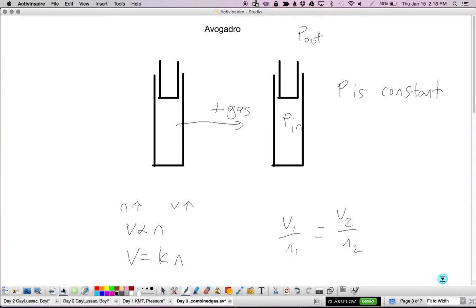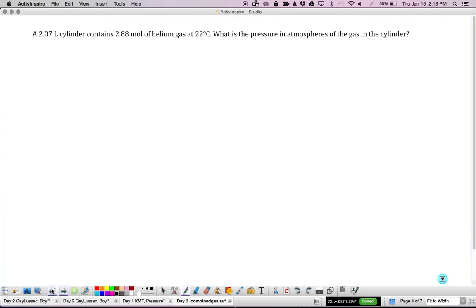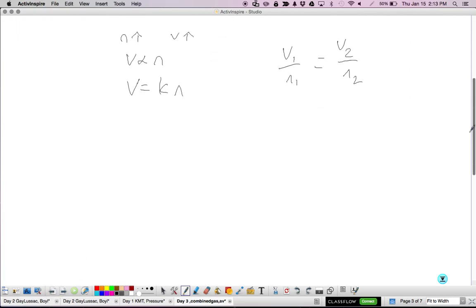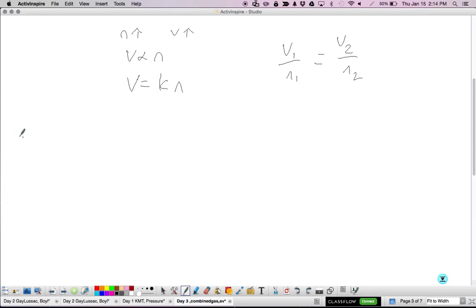So the interesting thing about this is now we can say that pressure times volume is going to be proportional to the number of moles times the temperature.